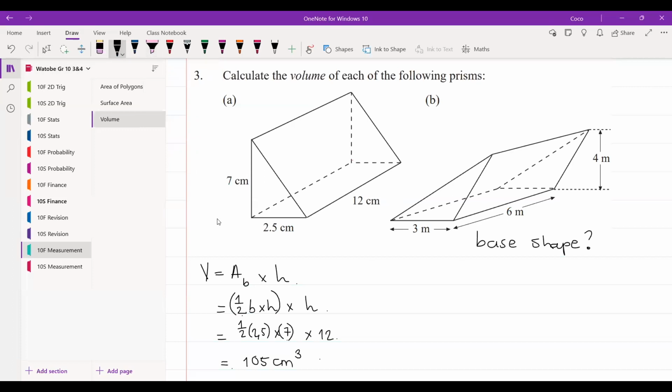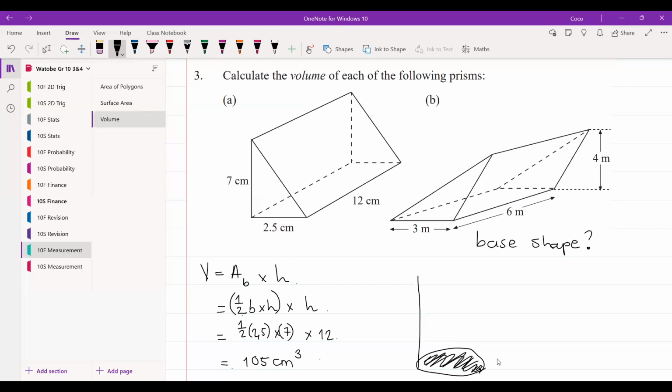All right. Okay. Let's look at it this way. Let's say I'm drawing a cylinder, a cup. If I'm drawing a cup, do you agree that my base shape is a circle, correct?